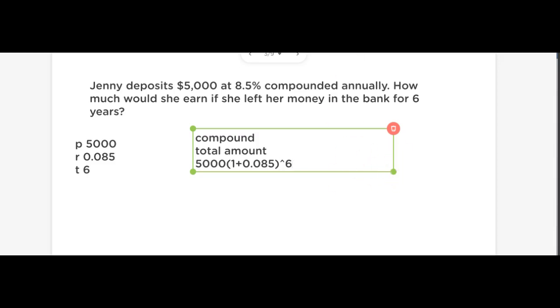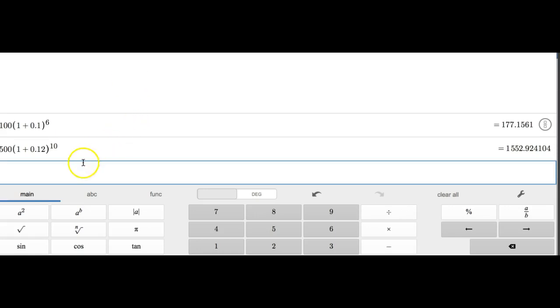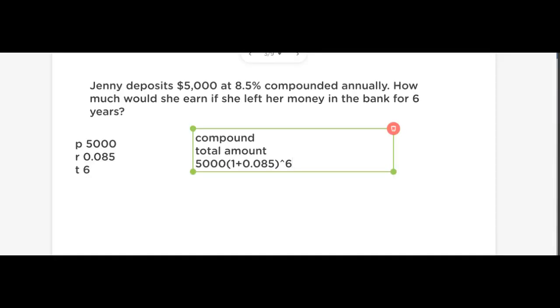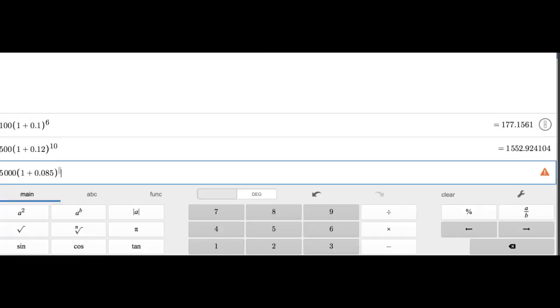Let's go to our calculator. 5,000(1 plus 0.085). I need to select this, and I forgot my time. Honestly, my time, what was it? Raised to the 6th. Oh, hold on. Let's make sure I'm up there. 6 years.